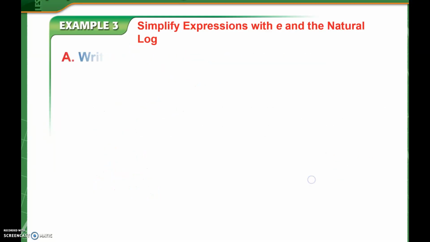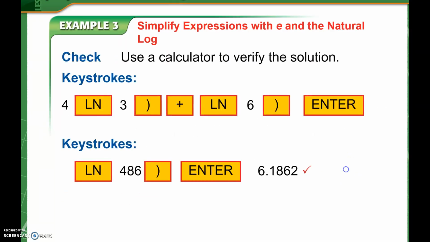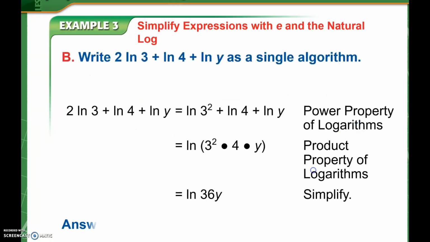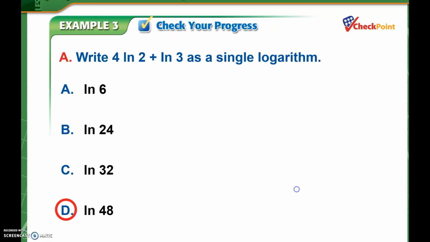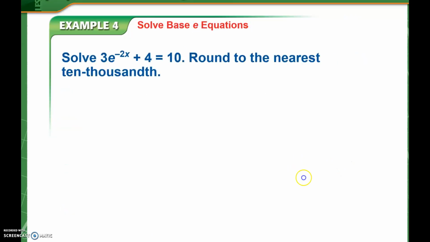So let's go to solving from log to exponential form, and then solving with log form. When we're solving exponential equations and log equations that just have one natural log or one e, we're going to get this by itself first.